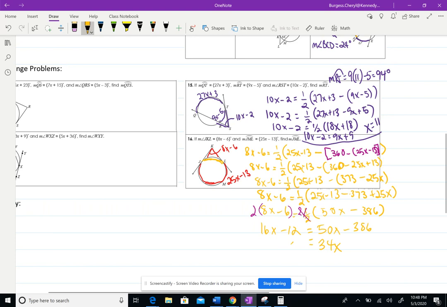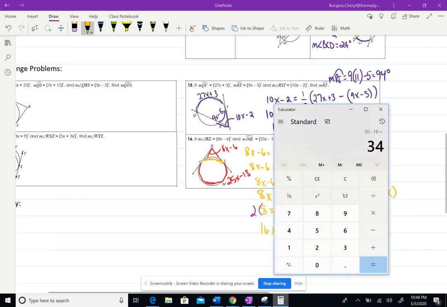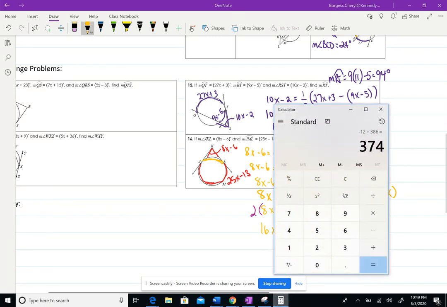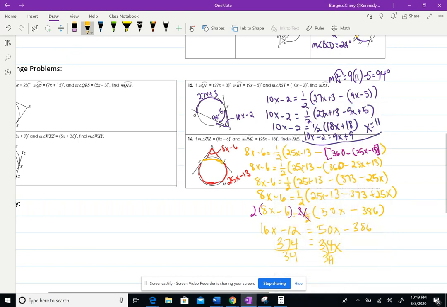And negative 12 plus 386 is 374. Please work out. Divide by 34 on both sides. 374 divided by 34. 11, yay! So we got x equals 11.